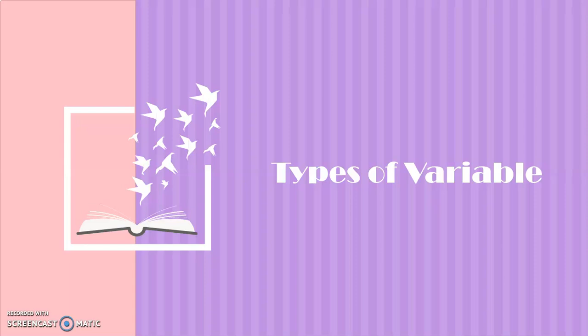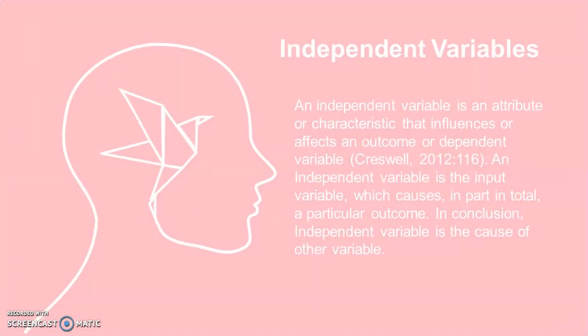Let's continue to next content. We will discuss about dependent and independent variable. So let's start with independent variable first. According to Creswell, an independent variable is an attribute or characteristic that influences or affects an outcome or dependent variable.